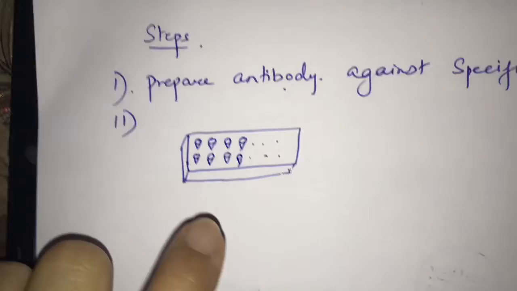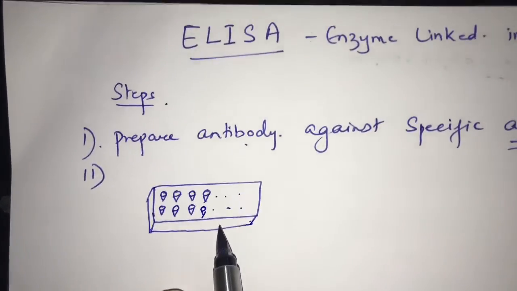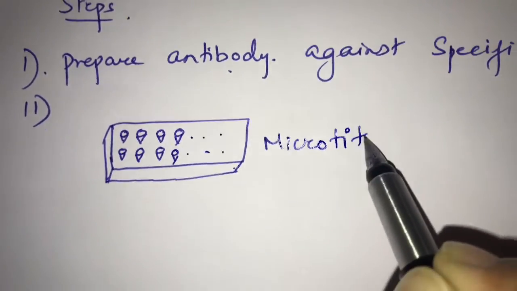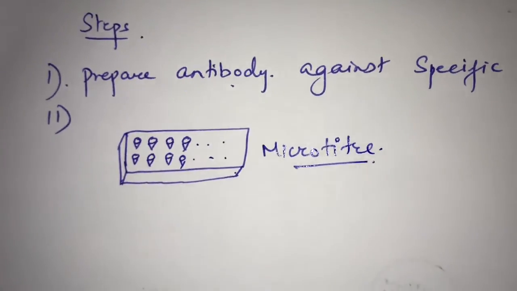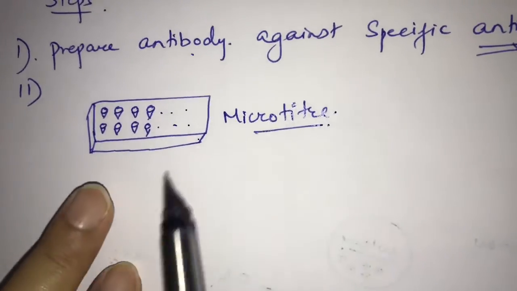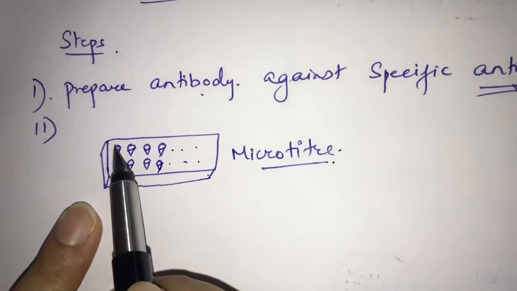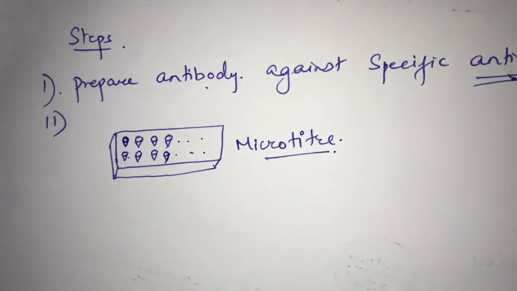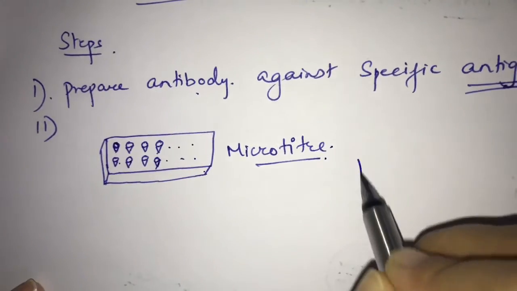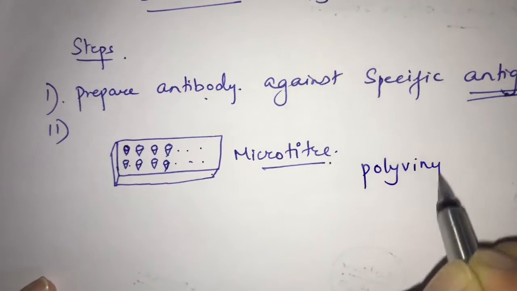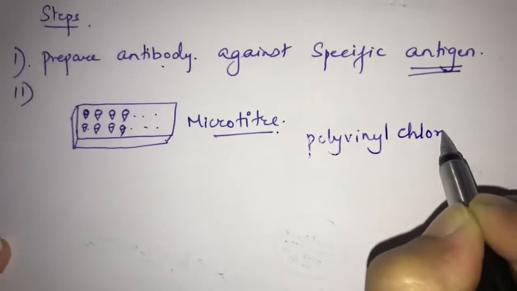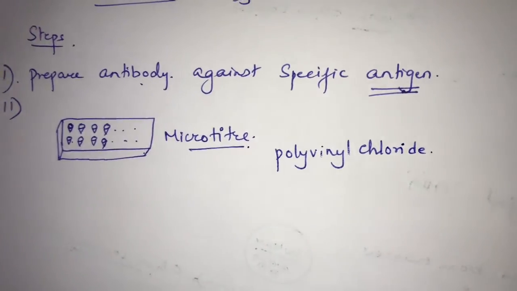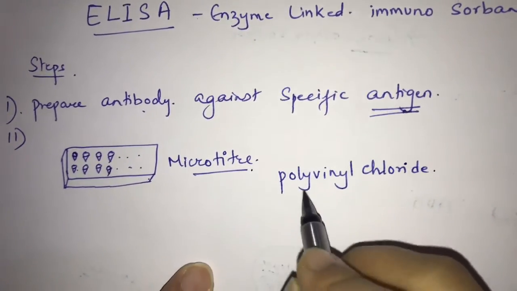So this instrument or tool is called a microtiter. Now, immobilize, that means coat this microtiter, this hollow cone-like structure, with polyvinyl chloride. Coat the polyvinyl chloride microtiter with antibody.